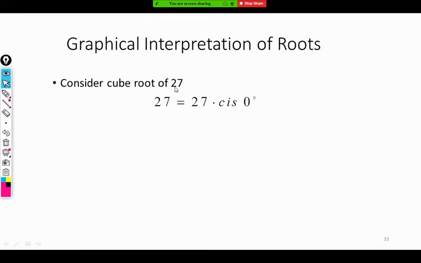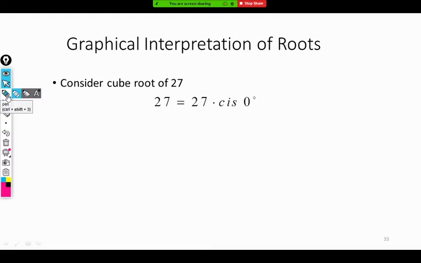Let me find out all three roots of 27. So probably we have a pair of complex roots and one real root there. One property of complex roots is that they always occur pairwise. So if alpha is a root, then alpha bar, its conjugate, is also a root of that equation.